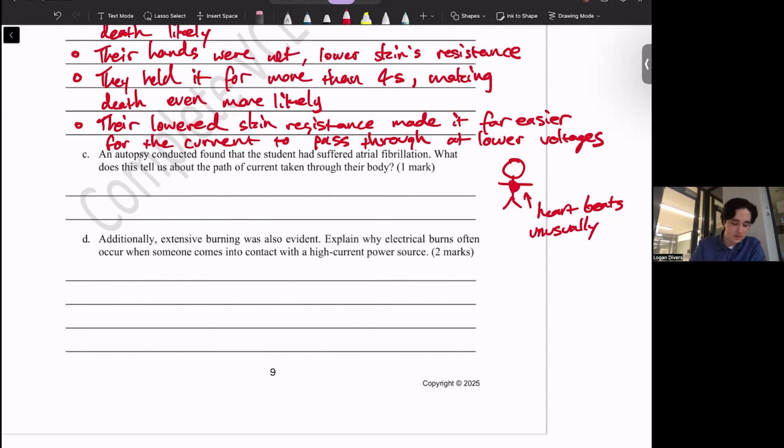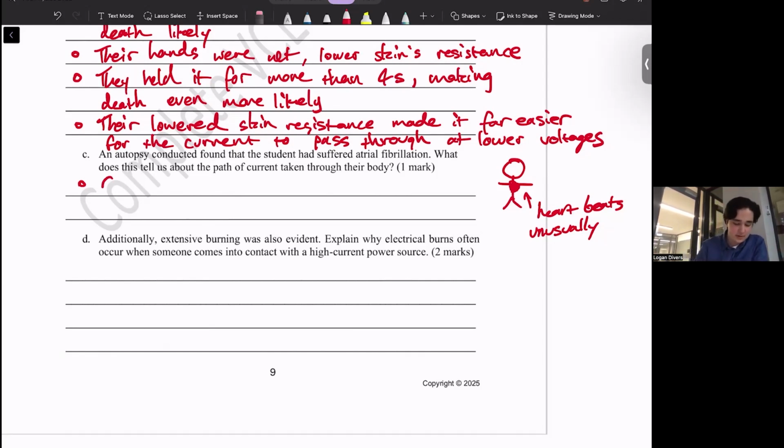So the most obvious thing about the path of travel taken, so to actually get to that heart, you have to go through the heart somehow. So either going to go from the top to the bottom, bottom to the top, or the most likely case is going to be through the arms.